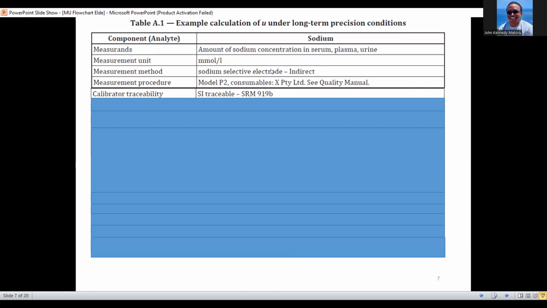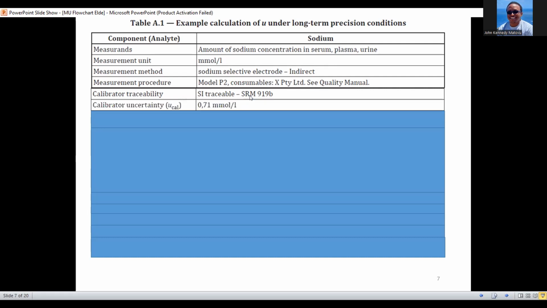The method is given here. It's an ISE. Measurement procedure is given here. And here, it's given the calibrator traceability. This is very crucial because of that metrological traceability requirement. So the calibrator is traceable to a certified reference material, CRM. The first source of uncertainty is coming from the calibrator.